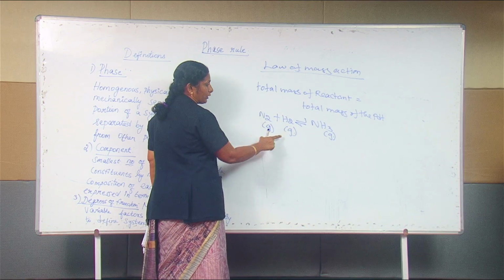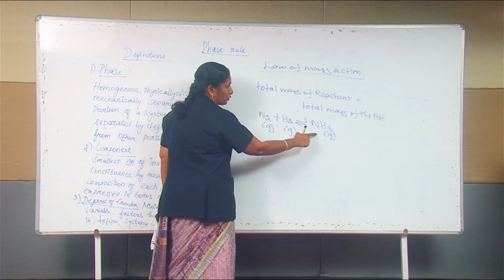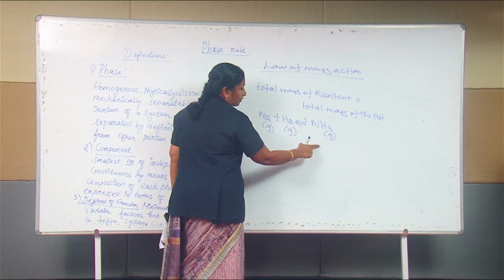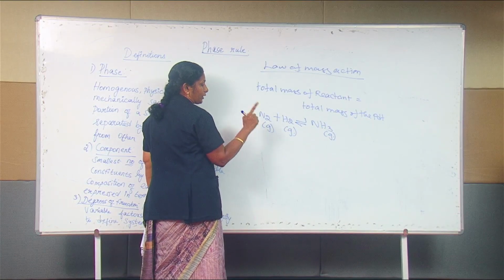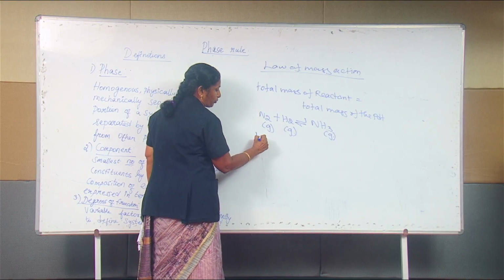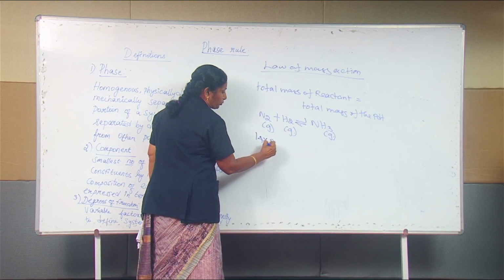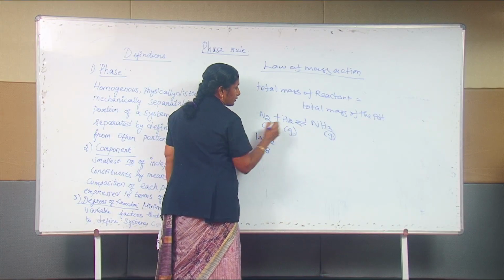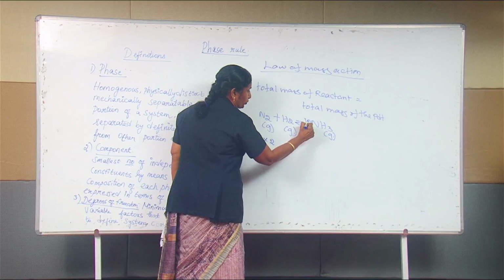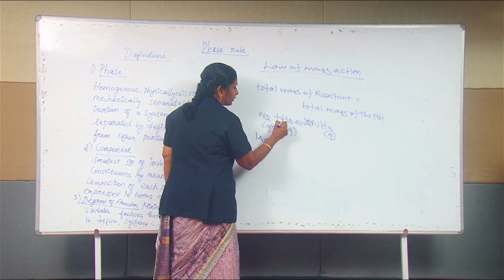The total mass of the left hand side of the equation is equal to the total mass of the right hand side. The atomic weight of 1 nitrogen is 14, so for 2 nitrogen, 14 into 2 is equal to 28. In the same way for hydrogen, now balance this equation. Here 2 nitrogen, 2 ammonia, and 3 hydrogen.